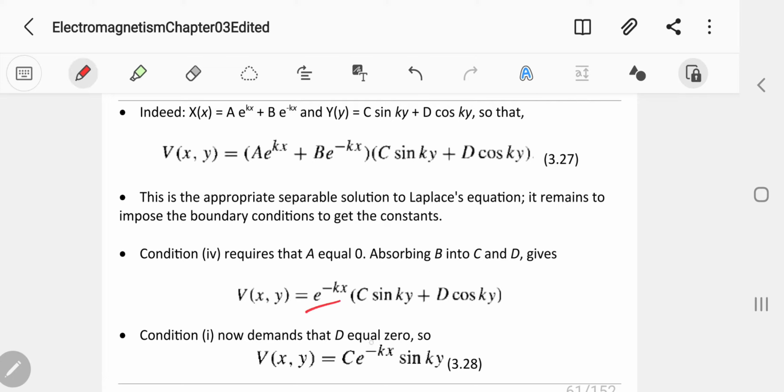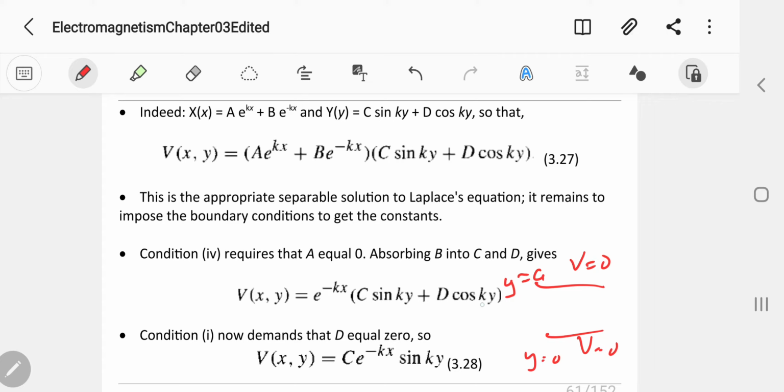And here at the boundaries on the y, because you have two planes at y equals a and at y equals 0, the potential would be 0 at both of these.